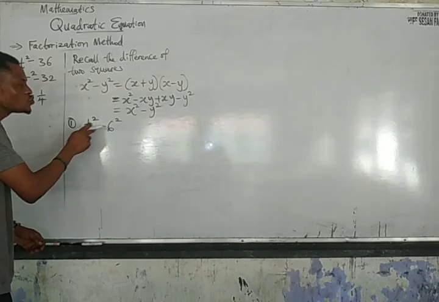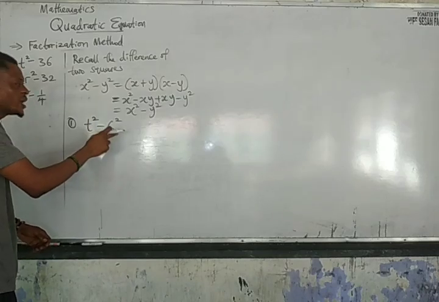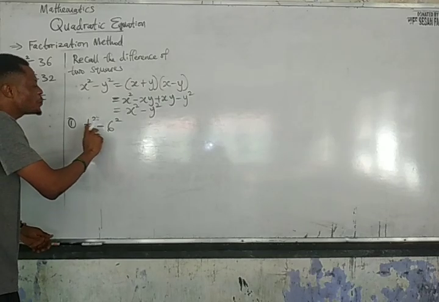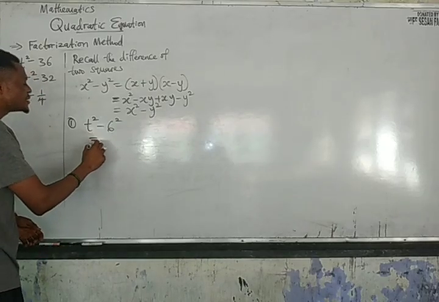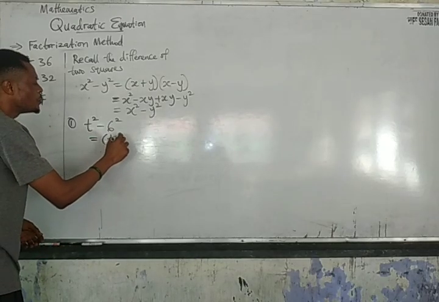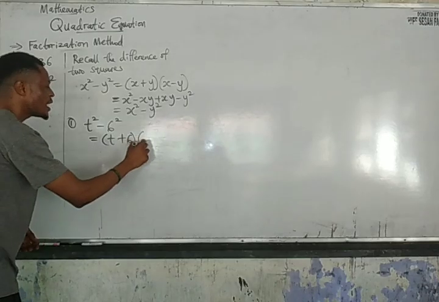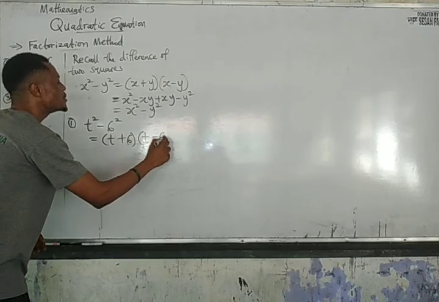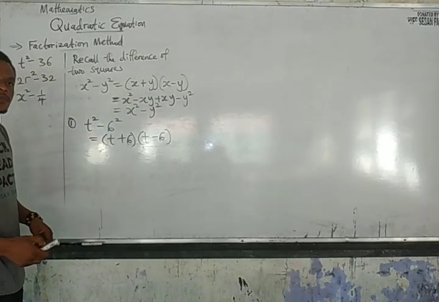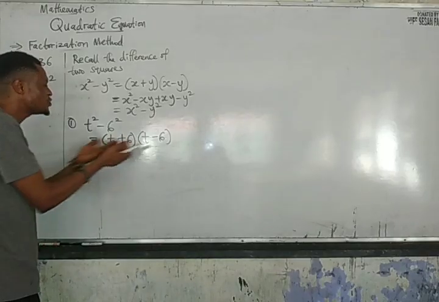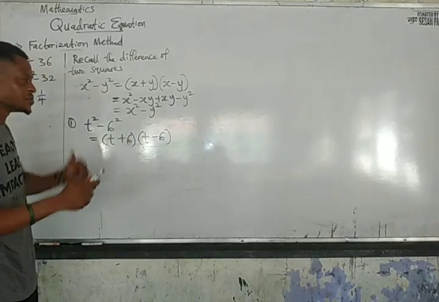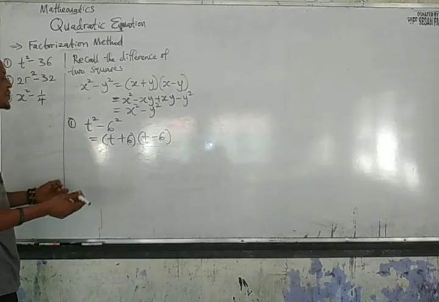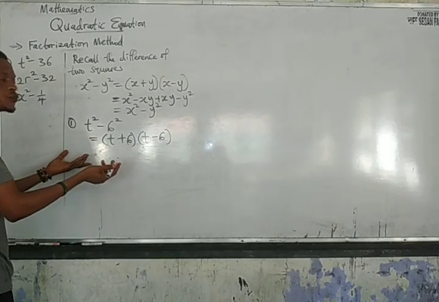Now this is two squares. t is having a square, 6 is having a square, and the operation between them is subtraction, difference of two squares. Then we apply it by saying t plus 6, at the same time t minus 6. Anyone can come first. You can choose to start with t minus 6 and t plus 6. And for the benefit of doubt, you want to expand this to prove.